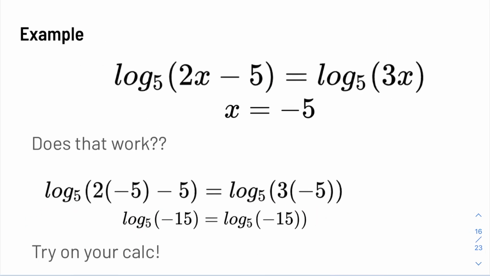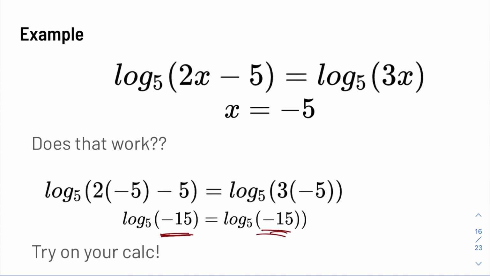So for every single log problem we solve, we need to check our answer in the original equation. So we have to plug negative 5 into the original equation. It's not the fact that it's negative that makes it not work. It's the fact that when I plug it in, I get a negative.